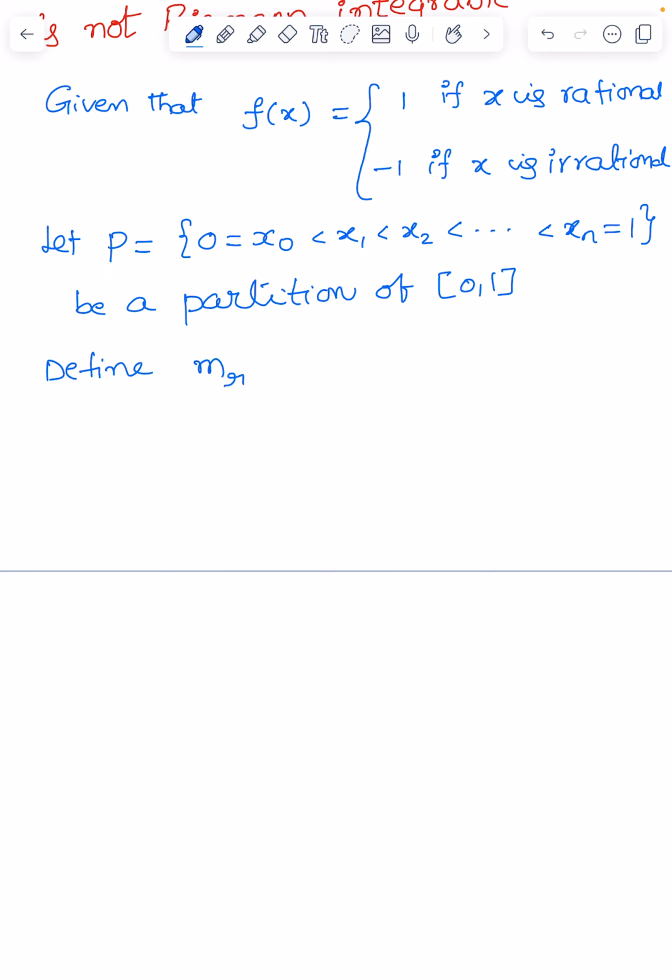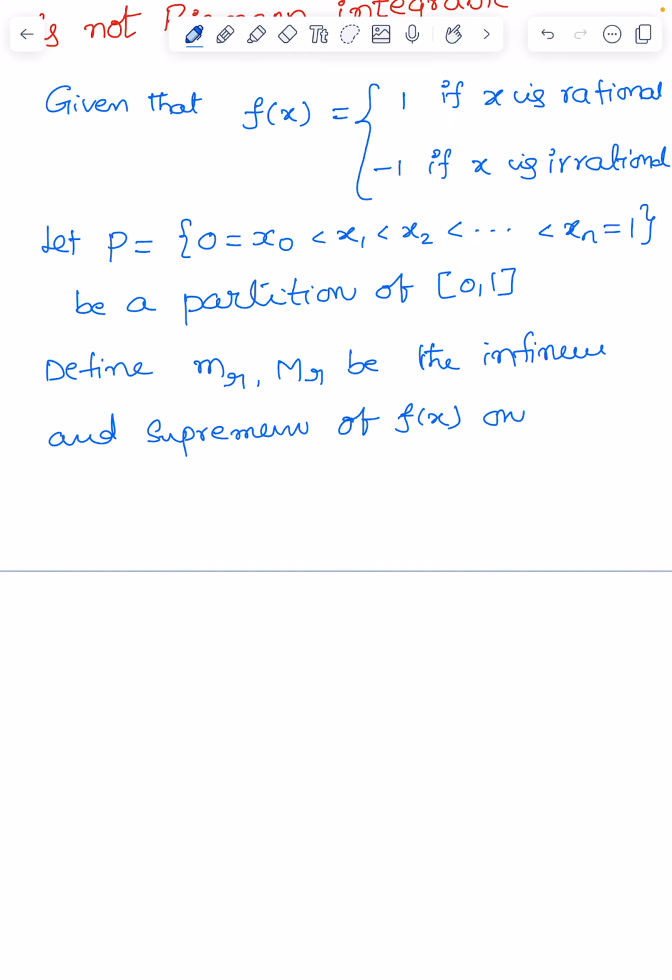Define small mr, capital Mr, as the infimum and supremum of the function f of x on the rth subinterval Ir, which is the closed interval [x(r-1), xr], where r varies from 1 to n.